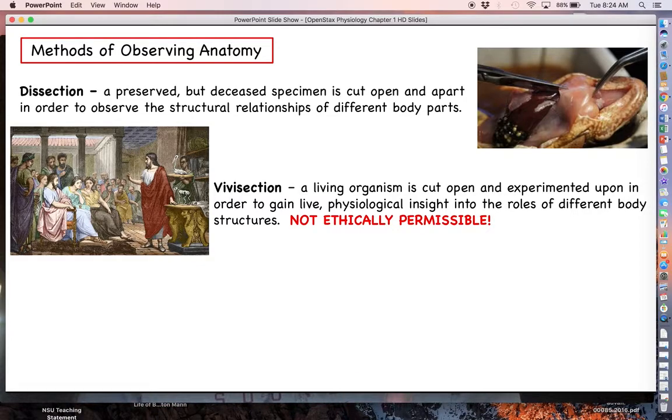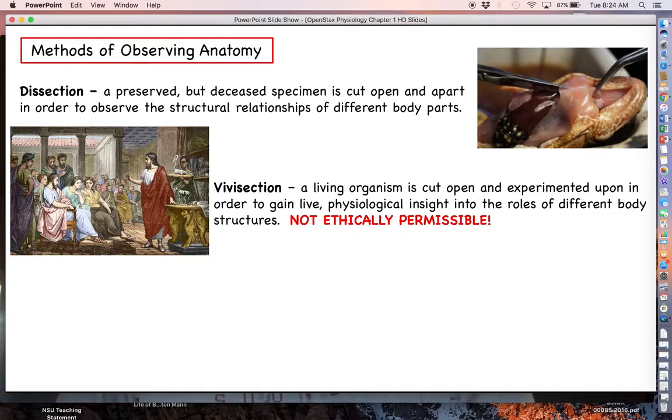So, for example, you could say, vivisect a rat and start poking and prodding at its brain and seeing how different limbs move, so you can kind of gain insight into which parts of the brain control different things throughout the body. So this is something that was popularized back in the 2nd and 3rd century by a Greek scientist named Galen, who you can see a representation here on the left.